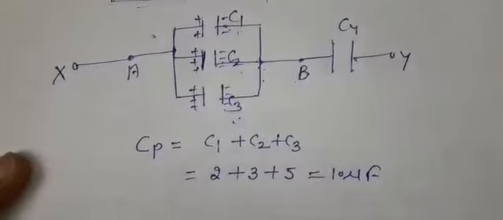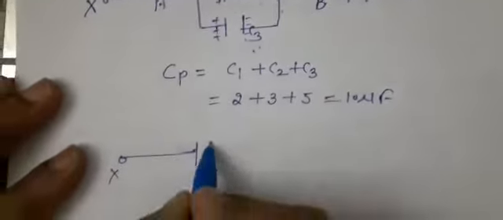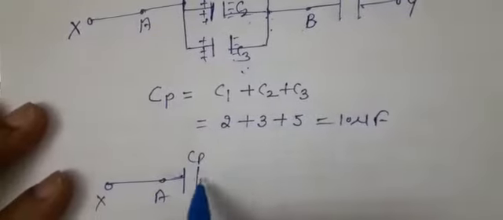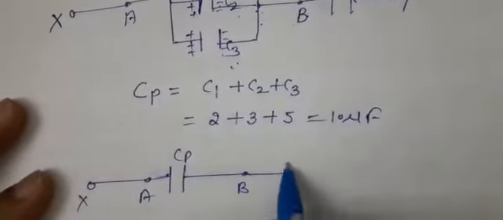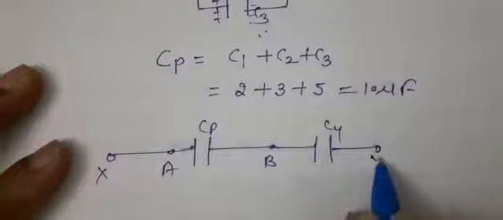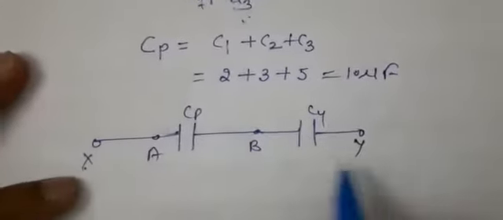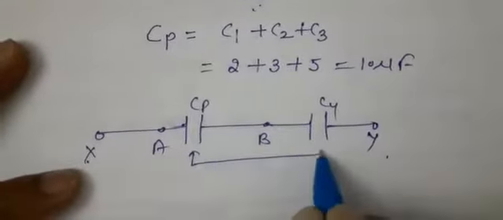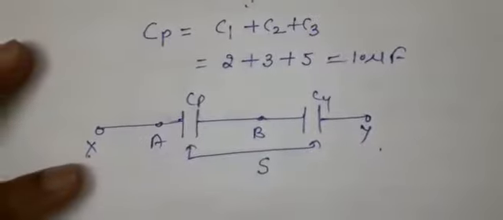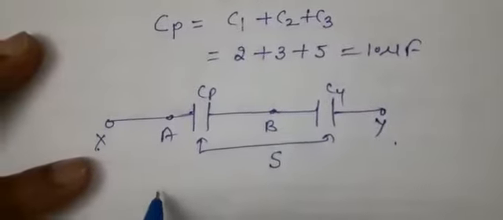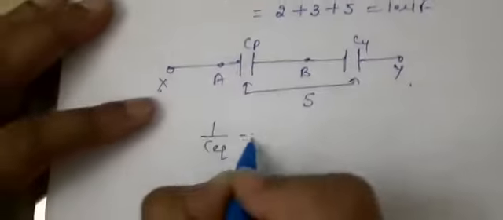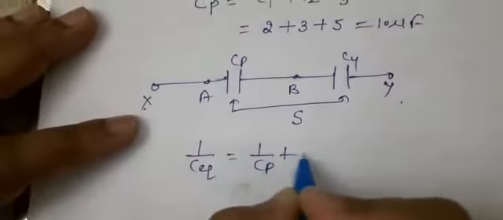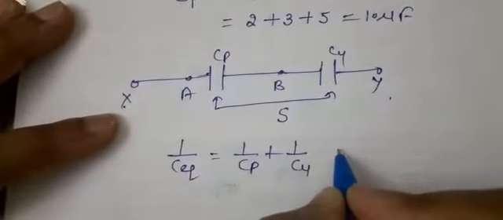Now you can easily judge that this is CP, this is B and this is C4. So in between X and Y, these two are connected in series. So what will be the equivalent capacitance? It will be 1 by CP plus 1 by C4.